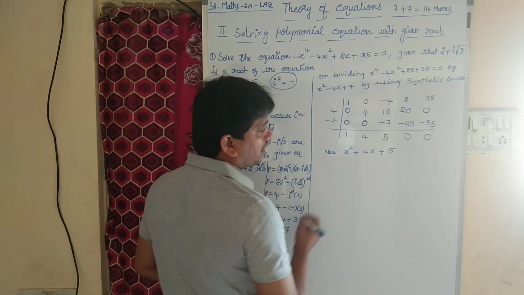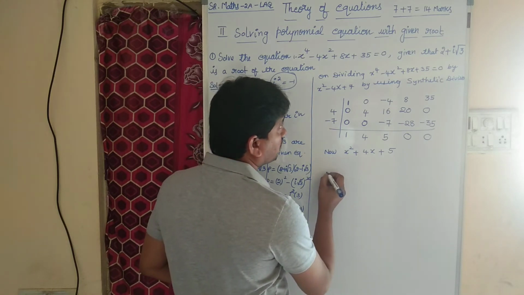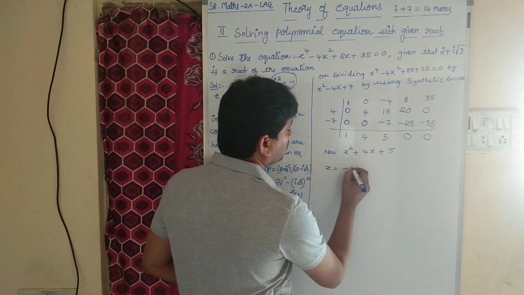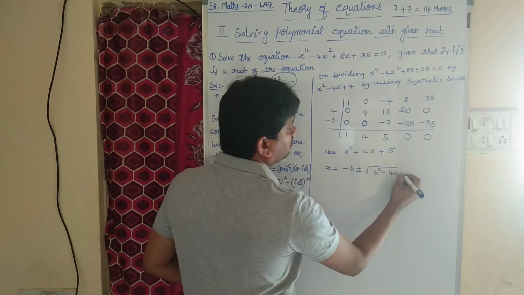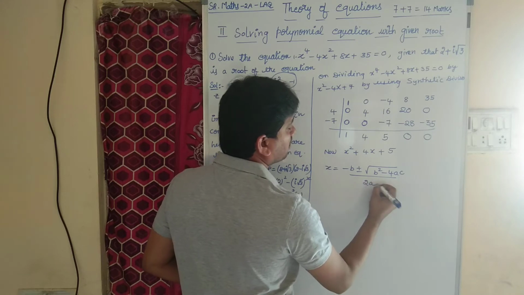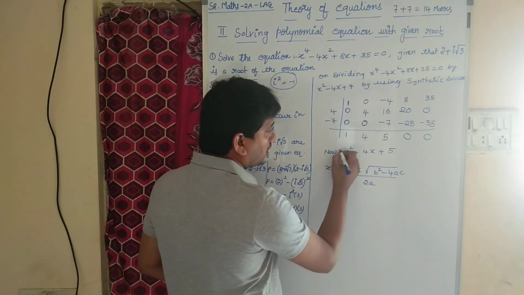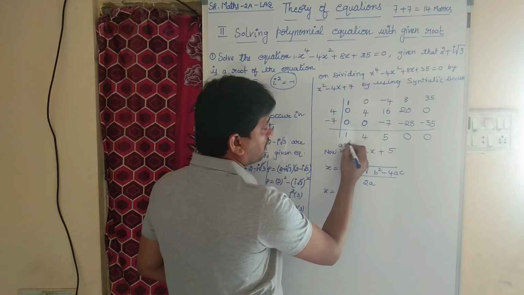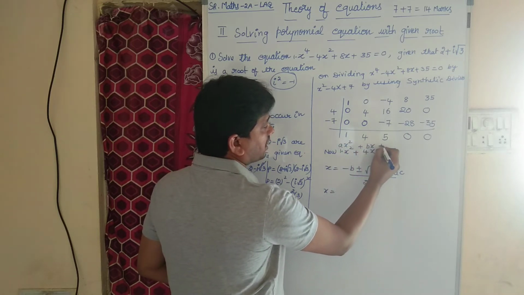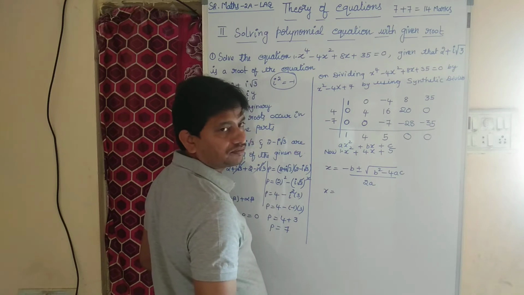So we cannot solve by using factorization. Let us go with the quadratic formula. x equal to minus b plus or minus root over b square minus 4ac by 2a. Here a value 1. It is in the form of ax square plus bx plus c equal to 0, right?